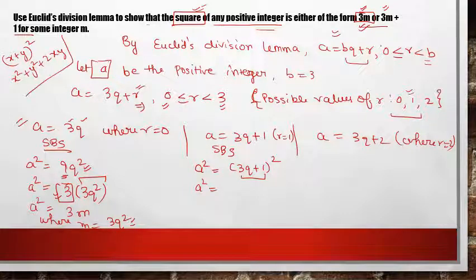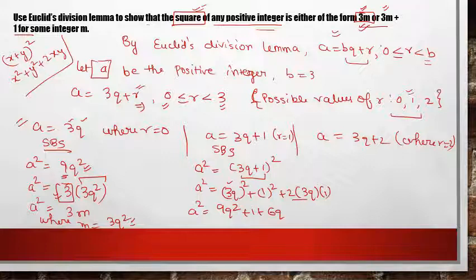Correct? This is the identity. So a square, which is 3q, b square plus 2ab. Correct? So now 3 3s are 9q square. Here 3 2s are 6q and 1 square is 1.